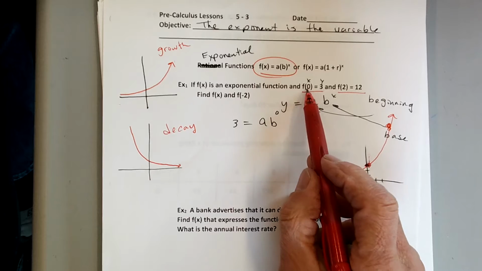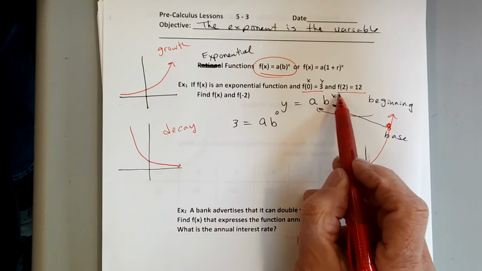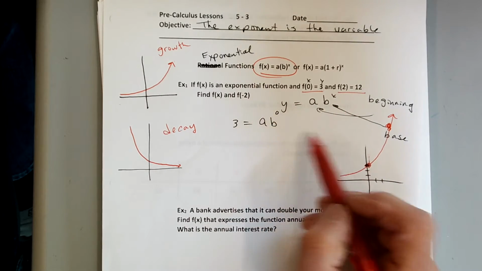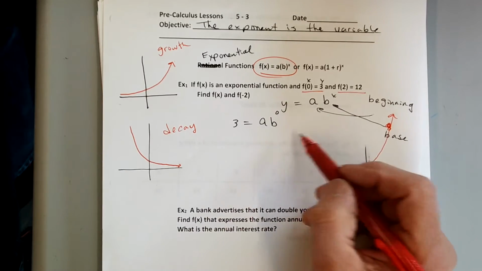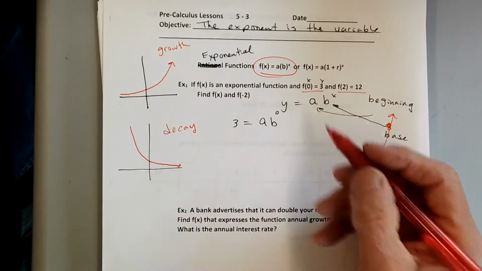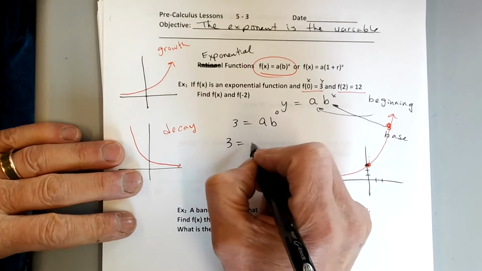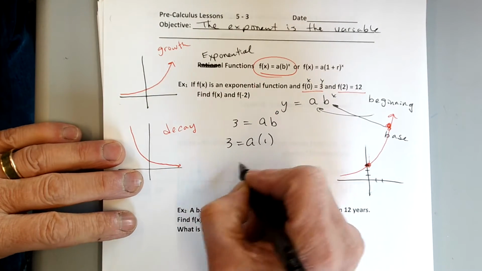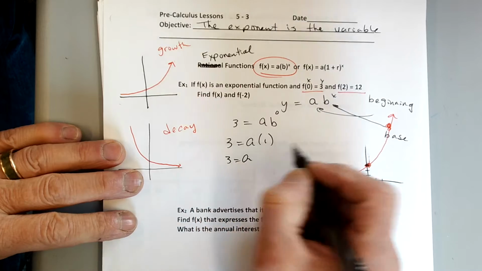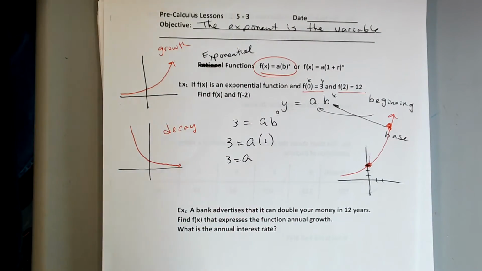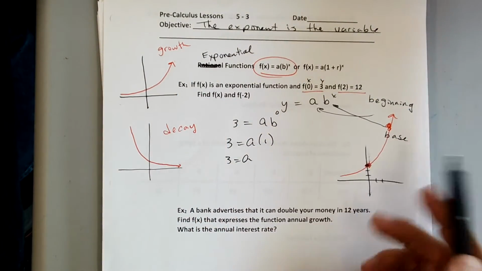I plugged my 0 in for x and my 3 in for y. Anything to the 0 power is always the number 1. So I get 3 equals a times 1, so the value of a is 3. But we already knew that because it's the beginning amount.